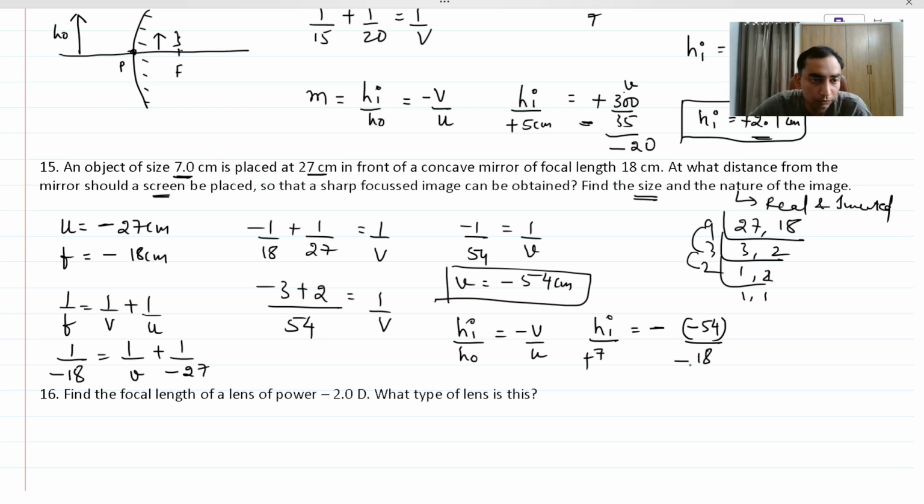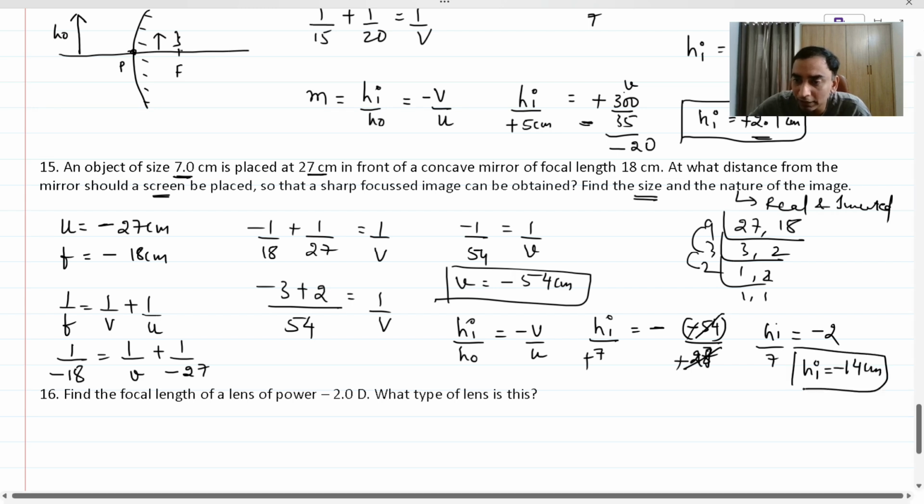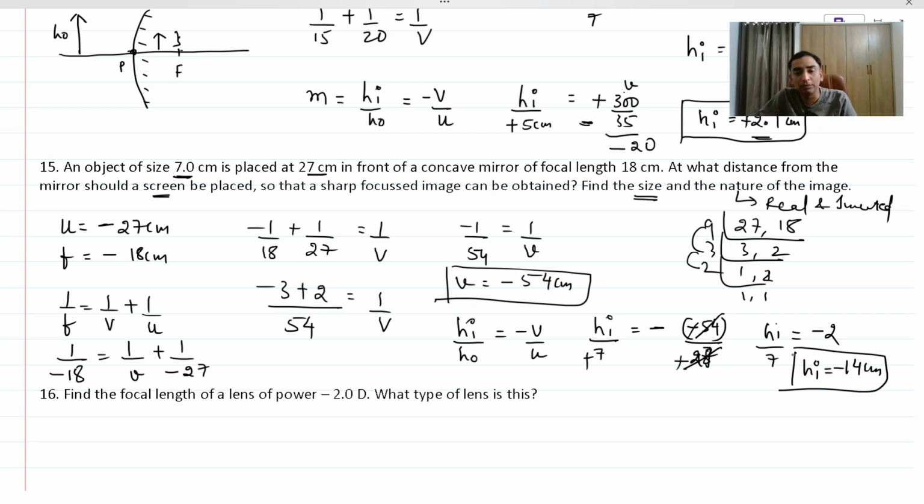So 27 twos are 54, minus minus goes. So Hi upon 7 is equal to minus 2. So height of the image is 14 centimeters negative, which means the image is downwards. That means it's a real and inverted image. So this is how it goes.